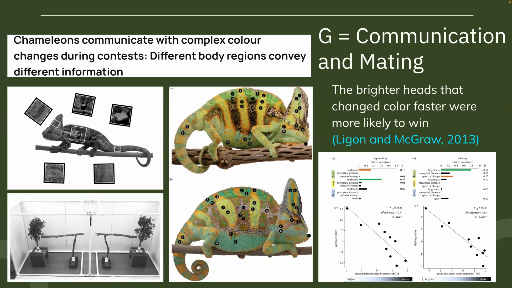So the bottom left shows the structure they were in. They basically matched these chameleons against each other in a little tournament, videoed their behaviors, and then looked at those videos later to analyze their colors. And they found that the males with the brighter heads and the faster changing colored heads were more likely to win encounters. So these colors do matter to conspecifics, especially in these mate competitions.